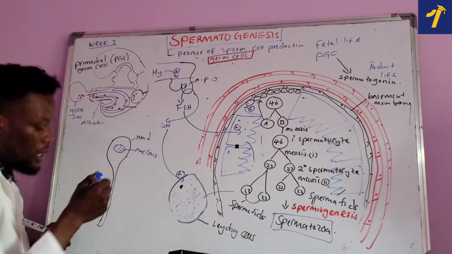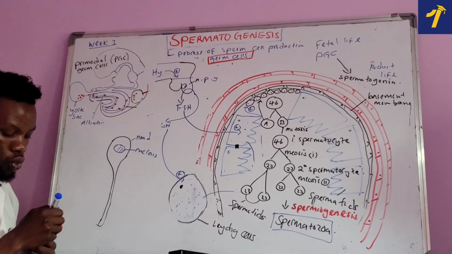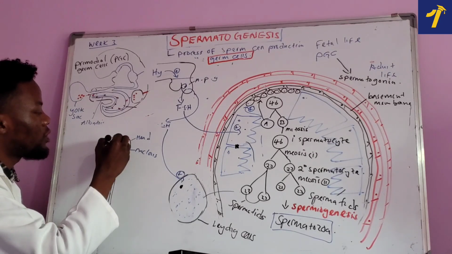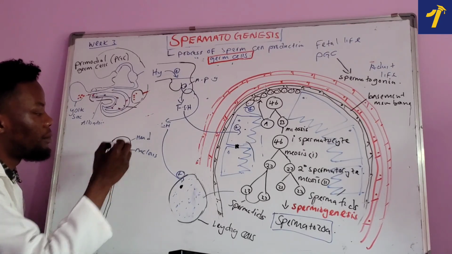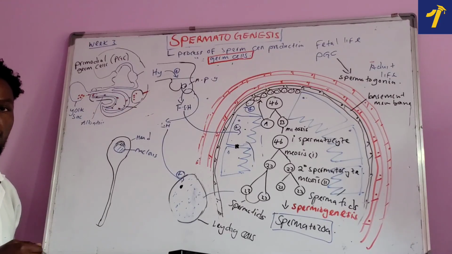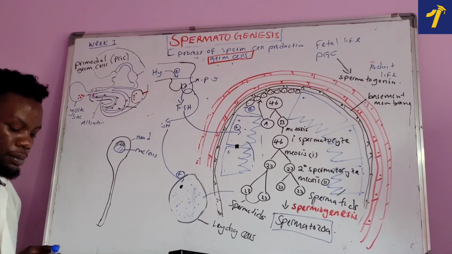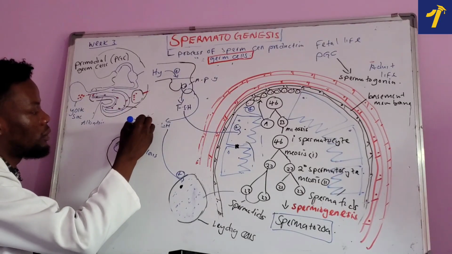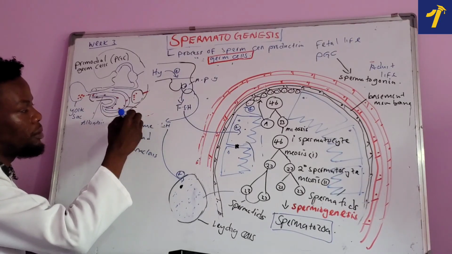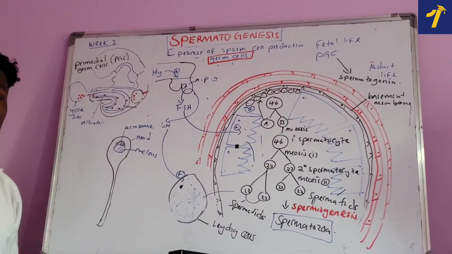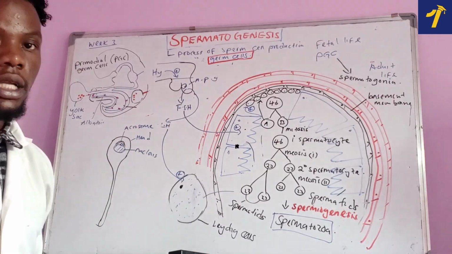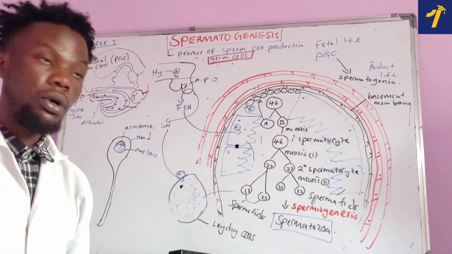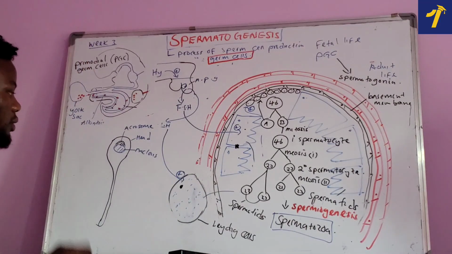Just anterior to the nucleus, we're going to have this important structure which we call the acrosome. Why is the acrosome important? Because it contains enzymes that help in fertilization, the penetration of the zona pellucida of the ovum.